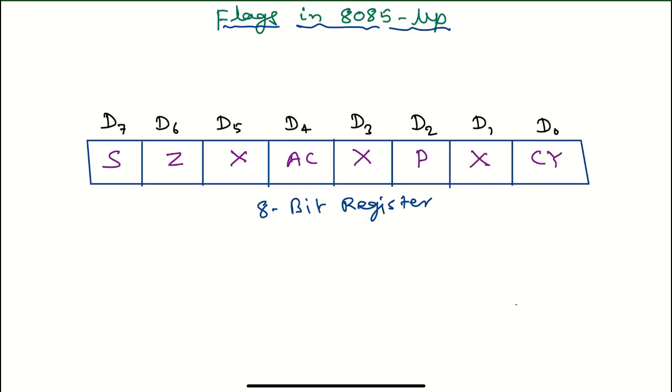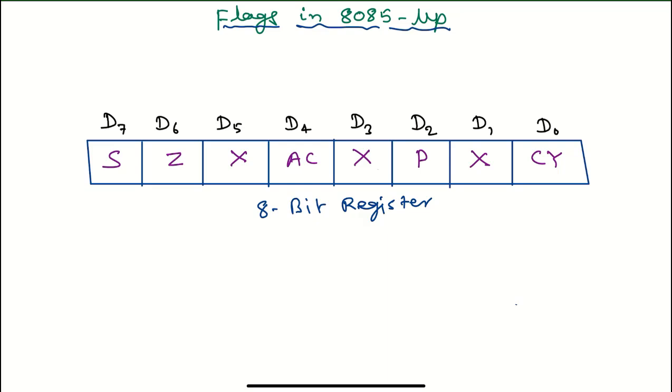At the same time, based on the results of those operations, by the use of arithmetic instructions or logical instructions, there will be a reflection of that result on the 8-bit flag register also, and the result will be stored in the accumulator. In 8085 we have 5 flags.